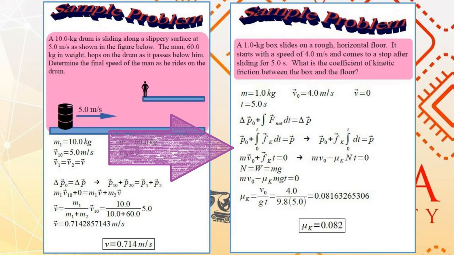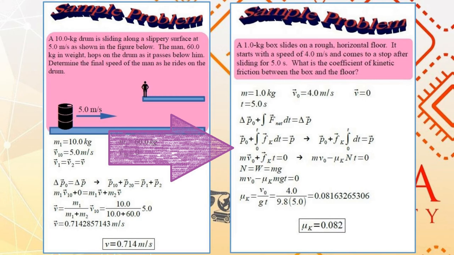So n is equal to mg. m v initial minus mu k m g t is equal to 0. Isolating mu k, we get mu k is equal to v naught over g t. We cancel out the mass m. We get the following answer. mu k is equal to 0.082.